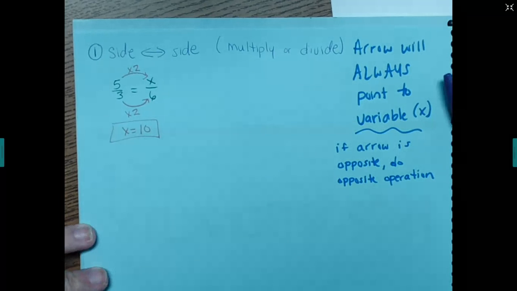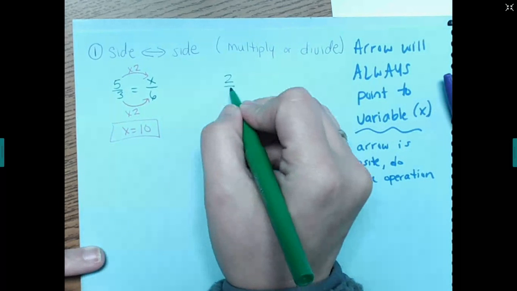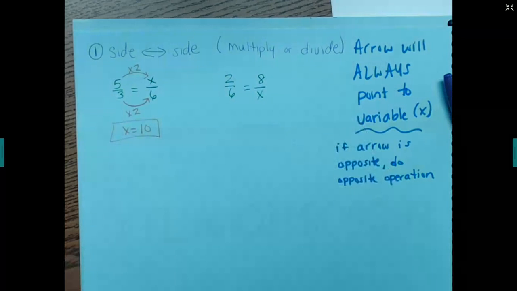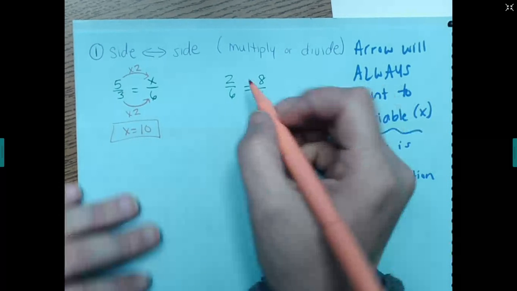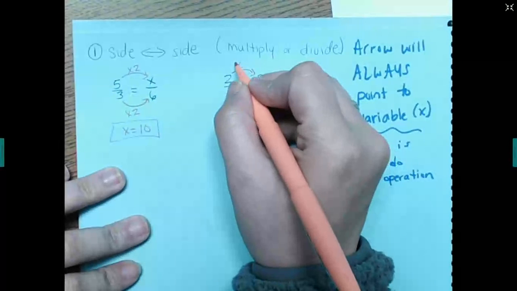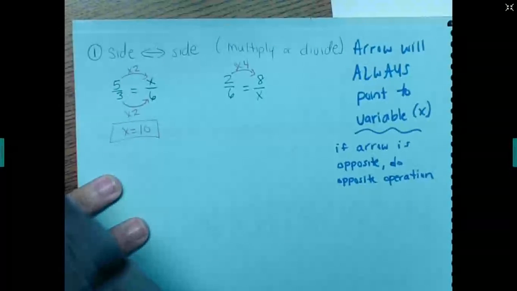Okay, let's try another one. 2 over 6 equals 8 over x. This time my x is on the bottom. So I want to look from 2 to 8 is times what? Times 4. Good.